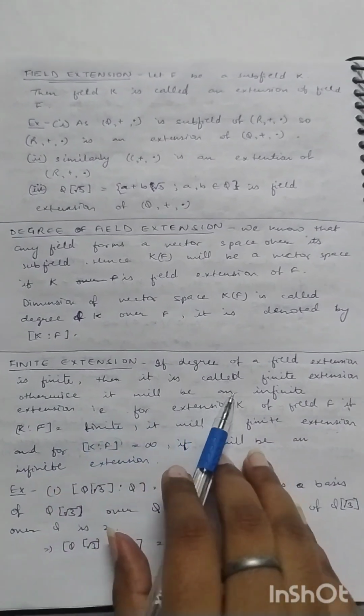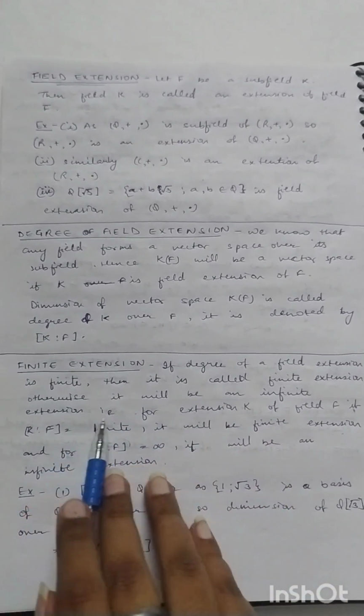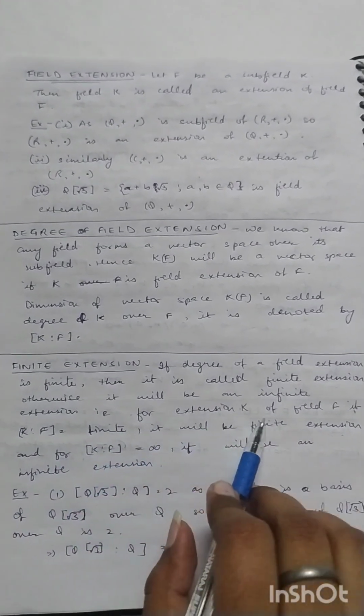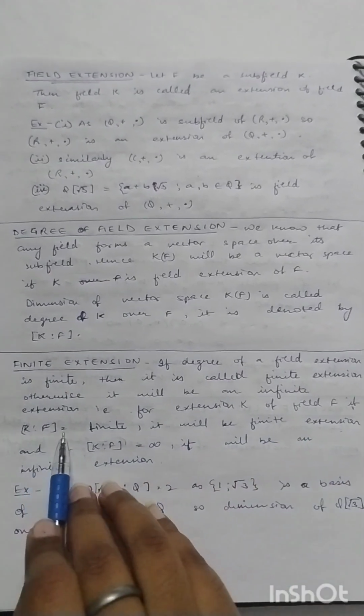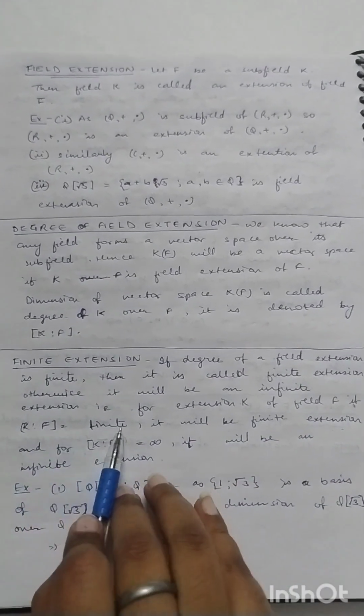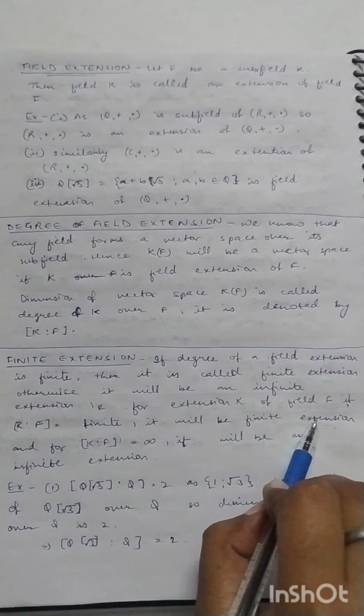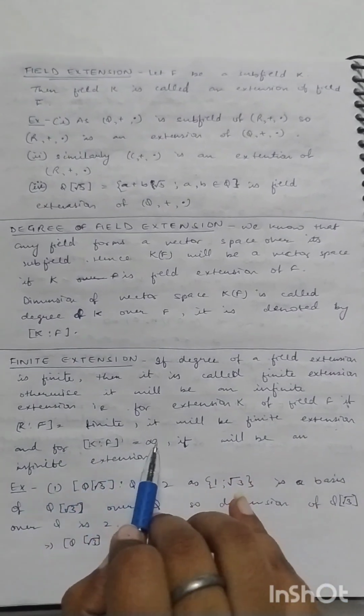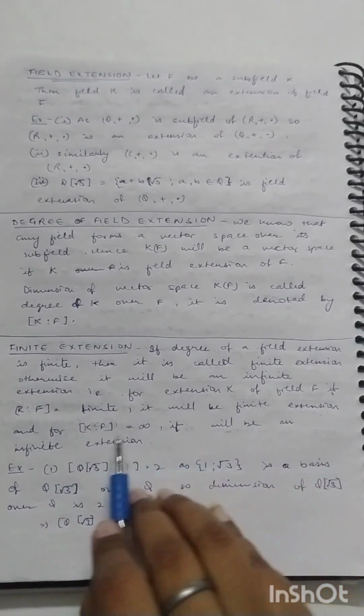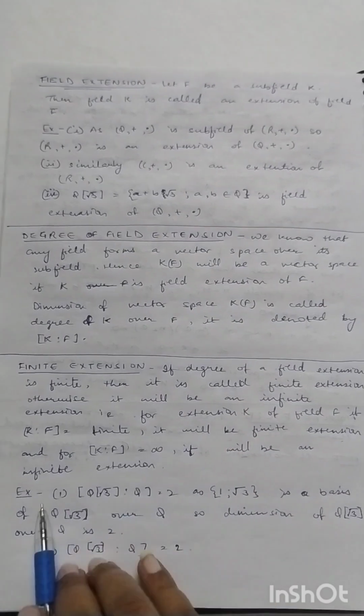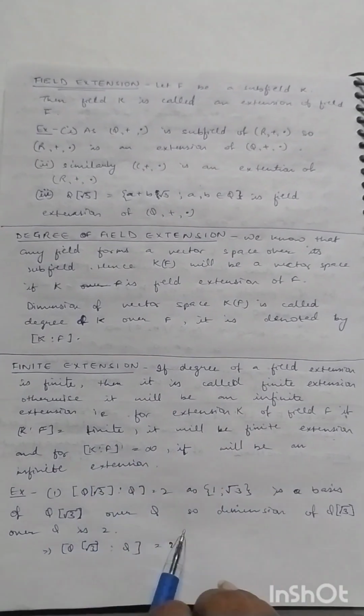Otherwise, it will be an infinite extension. That is, for an extension K of field F, if [K:F] is finite, then it will be a finite extension. But if [K:F] is infinite, then it will be an infinite extension. An example regarding this is given here.